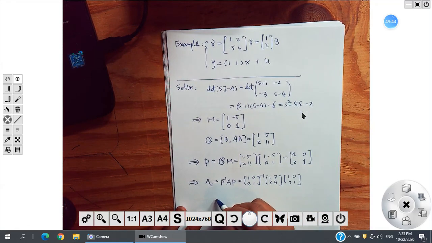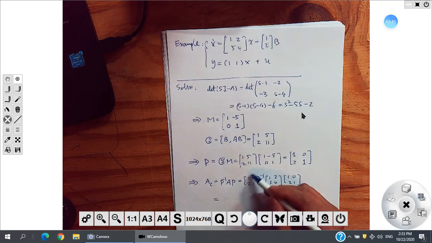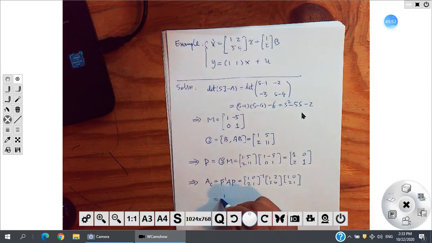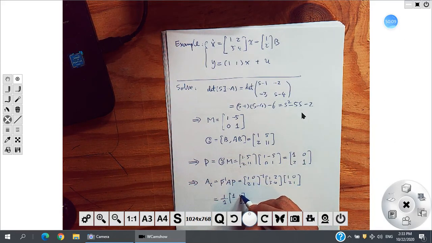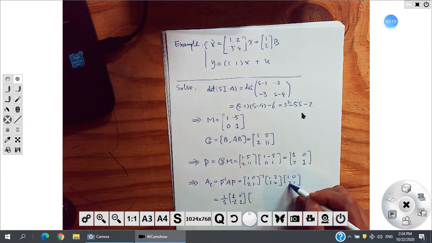We find the inverse matrix. The inverse matrix will be 1 over the determinant, which is 1. For the 2 by 2 matrix, we flip the location of these two numbers, but they are the same, so just 1 and 1, and change the sign of the others. So 0 is still 0, and 2 becomes negative 2. This is the inverse matrix. The other two we multiply together first. 1, 2 times 1, 2, I have 5.